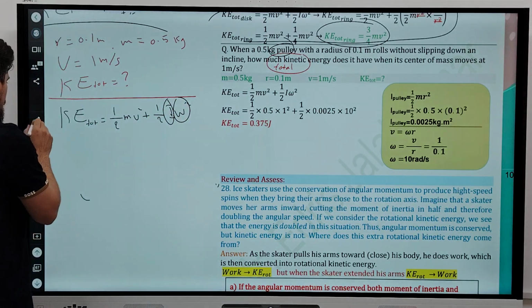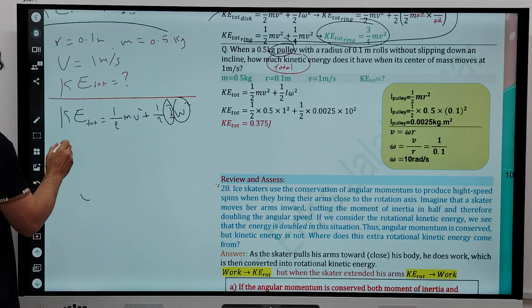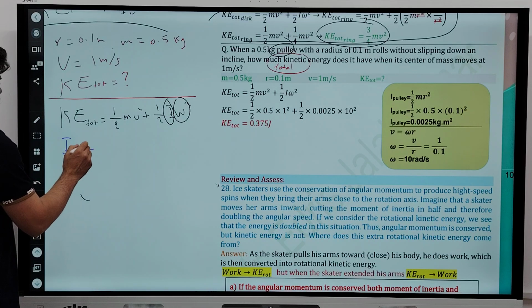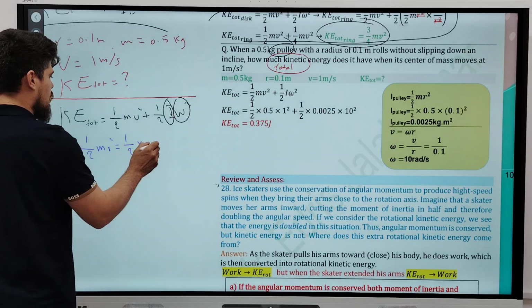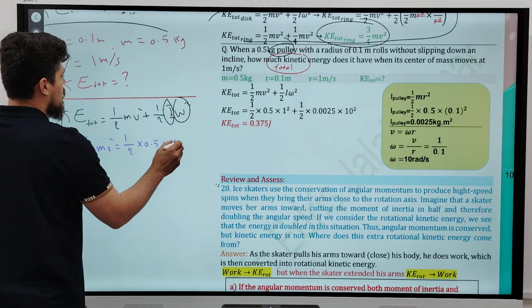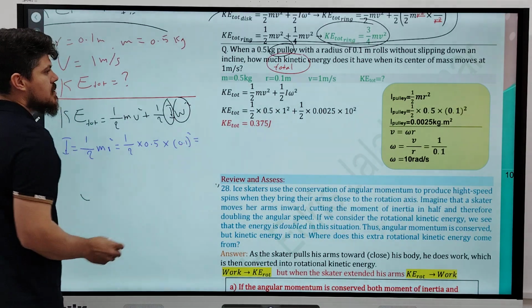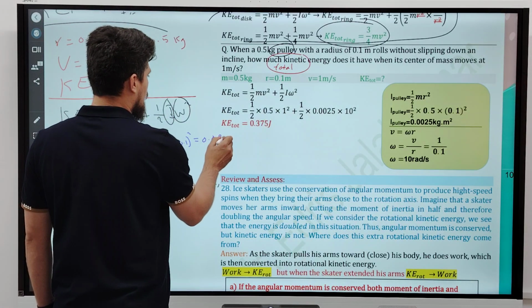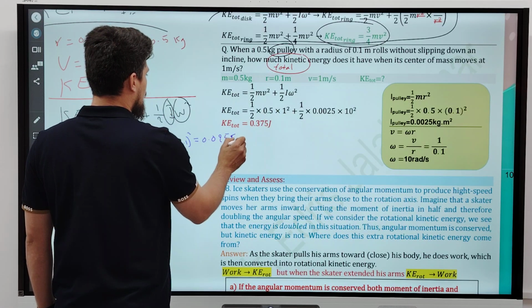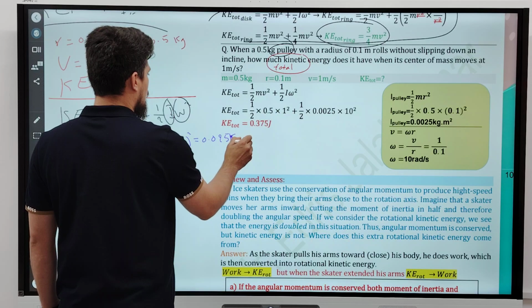We don't have I and omega, but we can find them. I for the pulley is equal to 1 over 2 mr squared, which is 1 over 2 times 0.5 times 0.1 squared, equal to 0.025 kilogram meter squared.